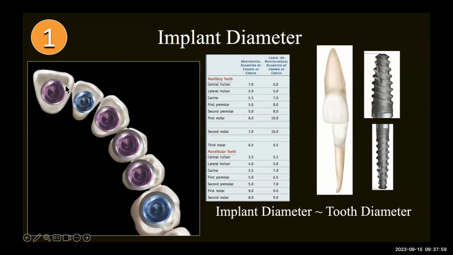However, for, say, a central incisor, which is 7 by 6, certainly don't want to be doing a 3 millimeter implant there, because then that is going to throw off that emergence profile significantly. So the bottom line is the implant diameter should correlate to the tooth diameter as close as possible.